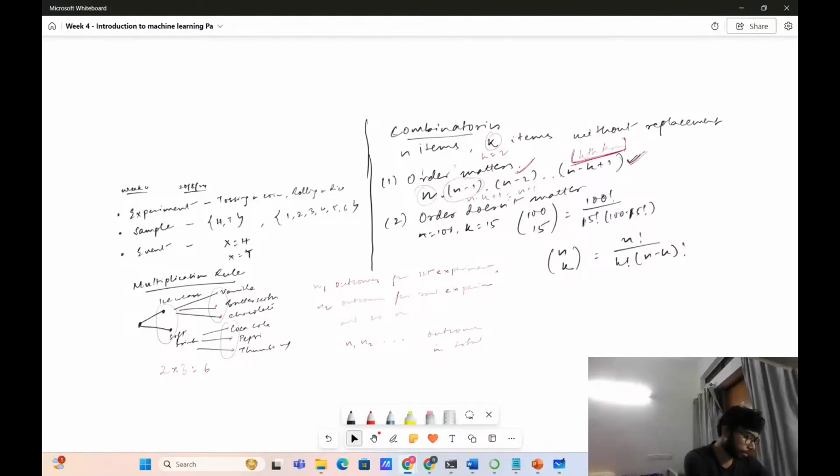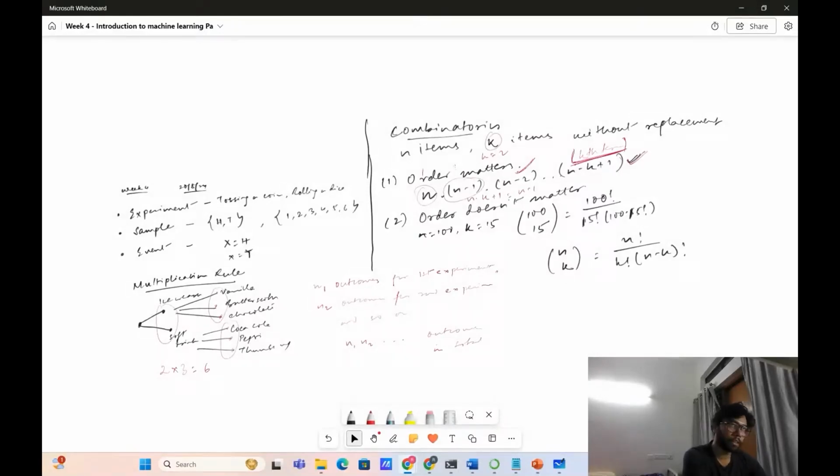Okay, which is not clear, and you don't understand NCK? Okay. So the concept is, again, as I was saying with the example, that you need to pick a team of 15 out of a pool of 100 people. It doesn't matter if you pick Virat Kohli first or Rohit Sharma first. They will be in the same team, playing in the same team.